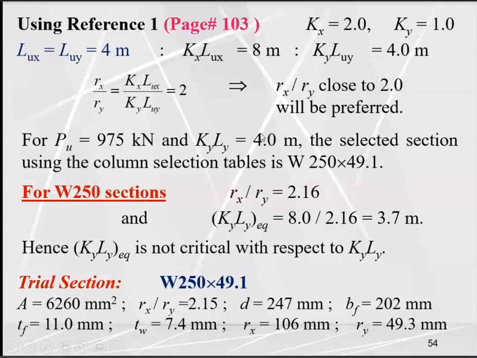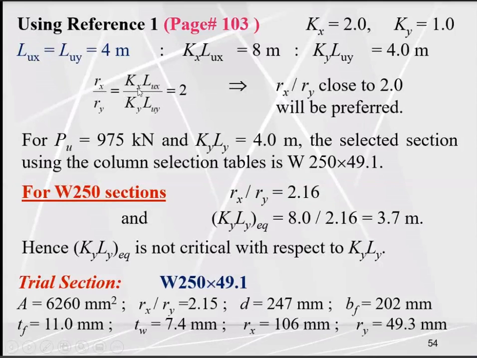So we are having two methods. We want to design for equal strength. For the equal strength column, we are supposed to select a section which has the same ratio of radii of gyration as the ratio of the effective lengths from the x-axis to the y-axis.